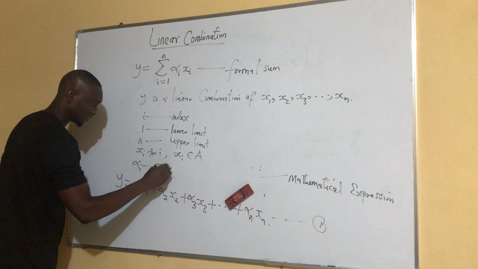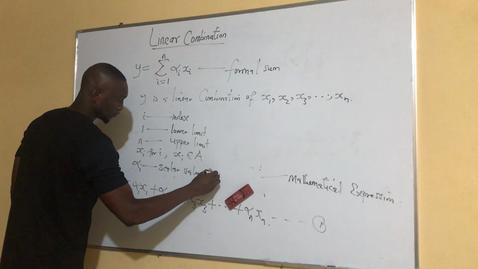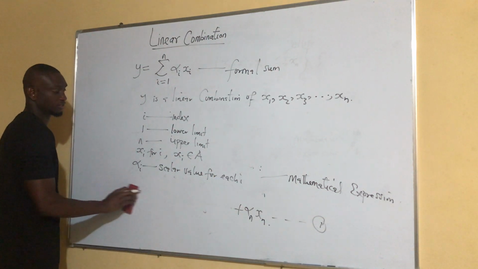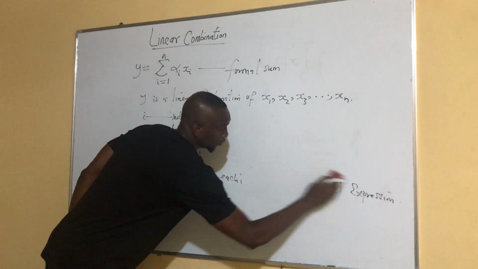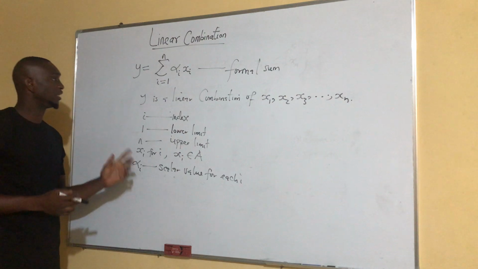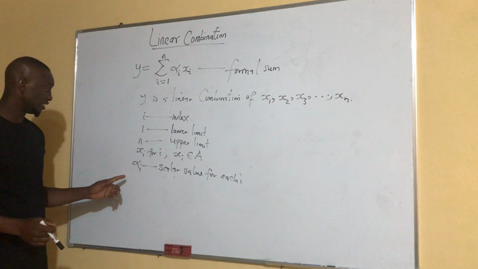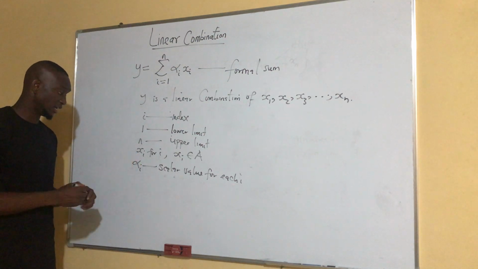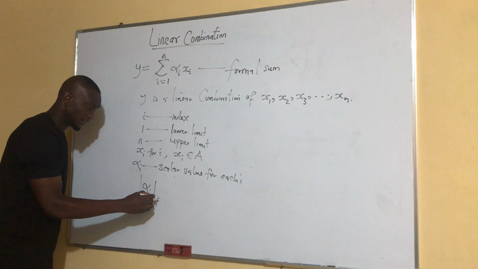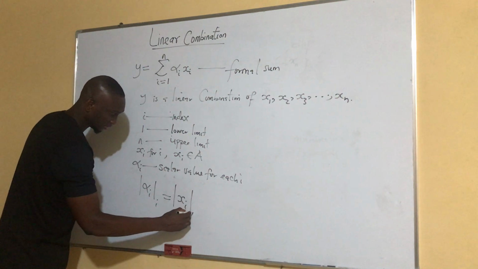A scalar, the scalar value for each i. At the same time, we would note that the cardinality of this alpha is the same as the cardinality of the elements of A.